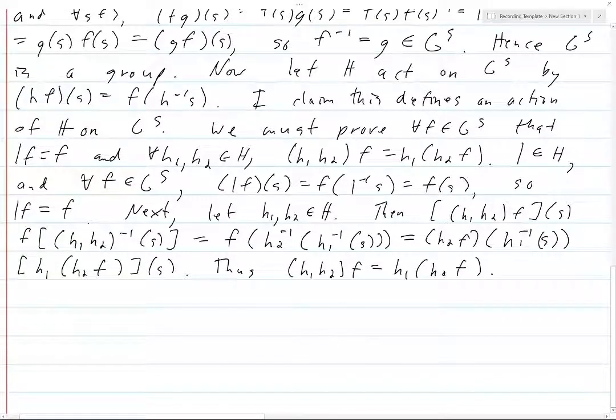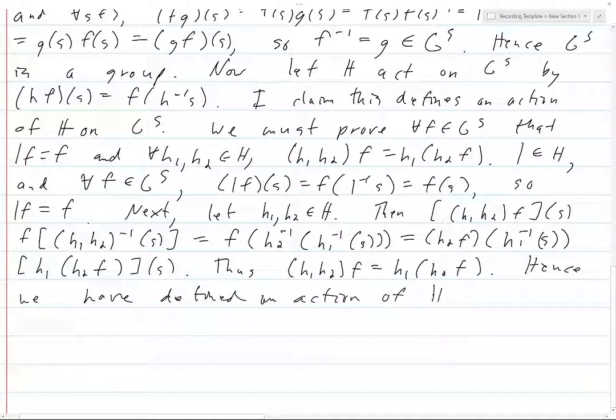So I don't know. It might be easier for you to do it that way, but it might not. Whatever works for you. So hence, we have defined an action of H on G^S. And there we go. This completes our proof.